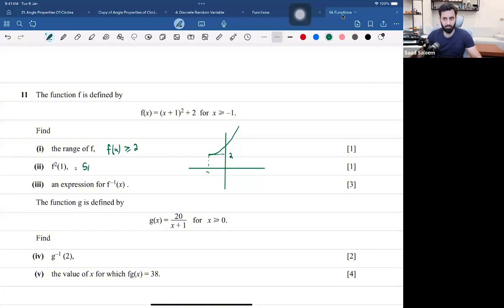Now find an inverse. Remember to pick the right sign for inverse. Part 2, Abira, we have solved part 2, by the way. F square of 1 में मैंने आप लोगों को बताया था that you can do f of 1 and then whatever you get, you plug that back into the function.